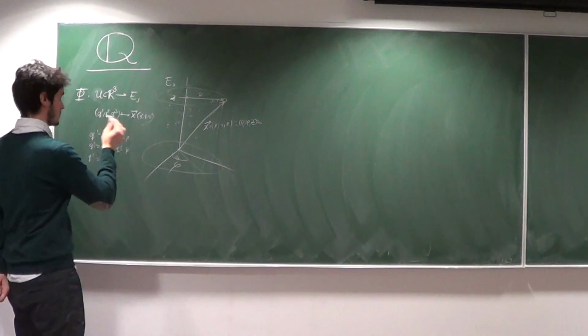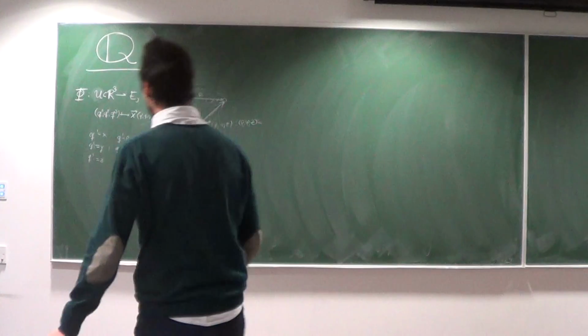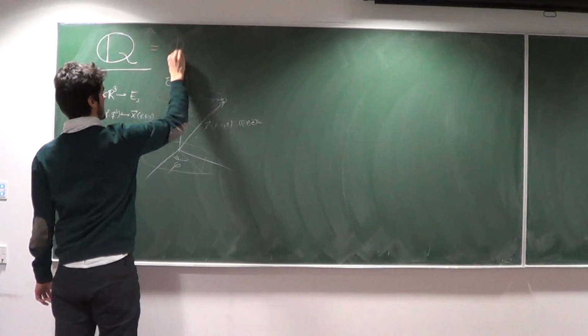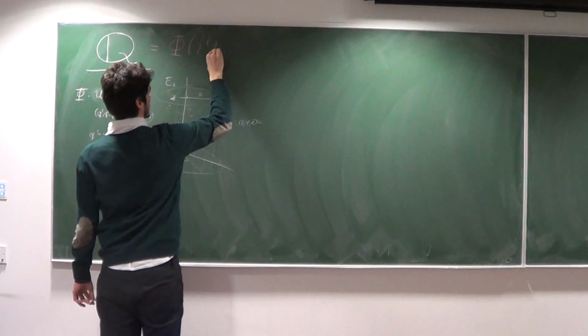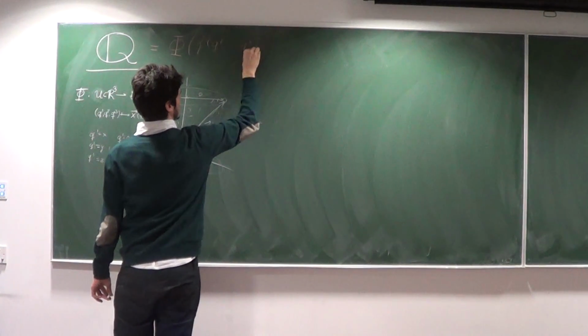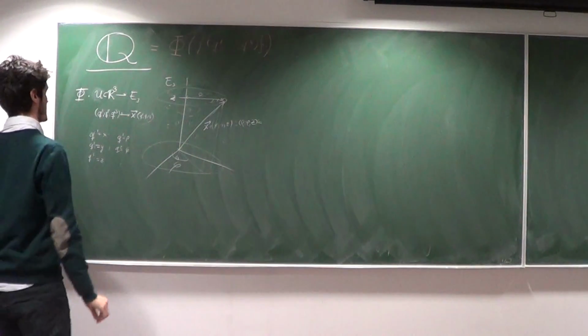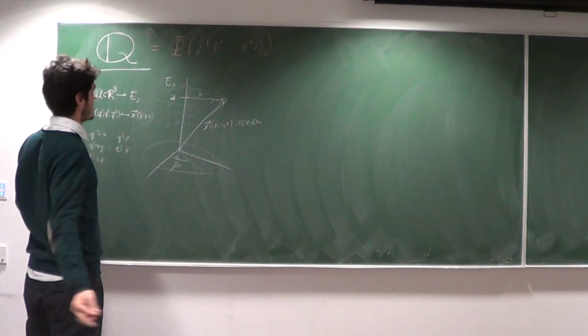Well, Q, remember from last time, and I'm going to stress this again, is the geometric space that is the image of all possible generalized coordinates.